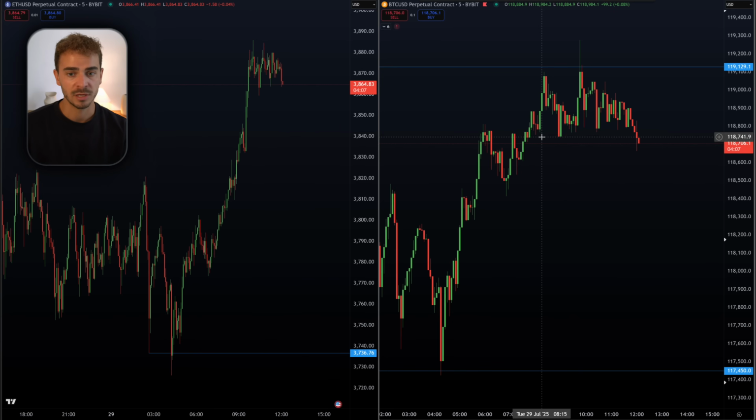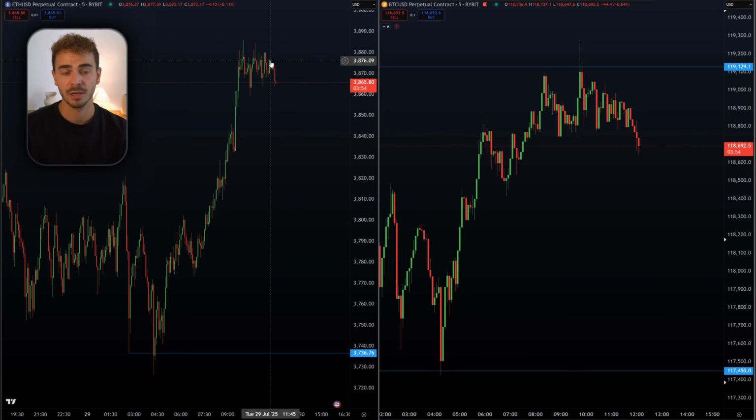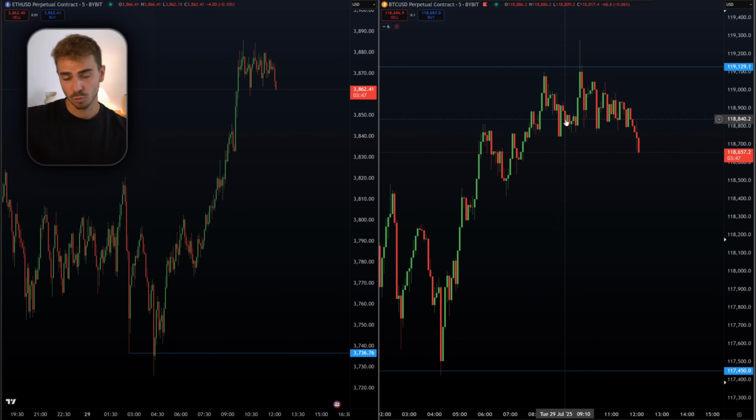But one thing we have to keep in mind here is that in terms of economic releases, geopolitical news, BTC tends to react a little bit more to these news in relation to Ethereum. So whenever we are trading BTC, we have to keep a news feed on or somewhere on our charts and also be aware of big macroeconomic data releases. This is super important when it comes to the difference between trading these two.